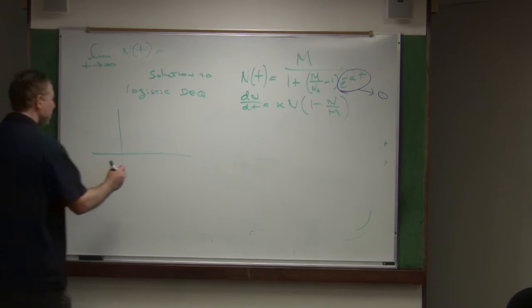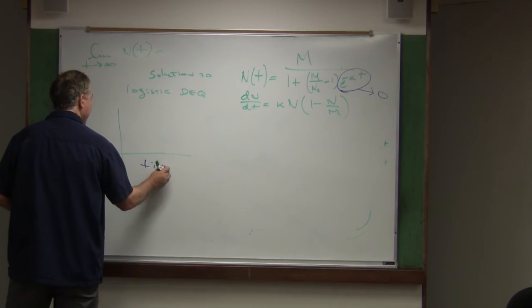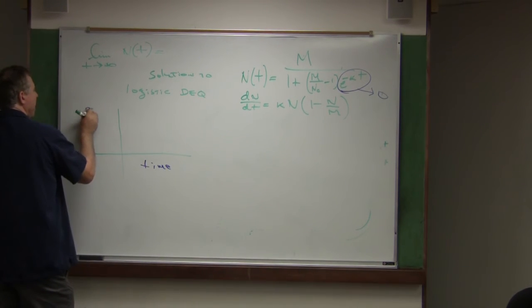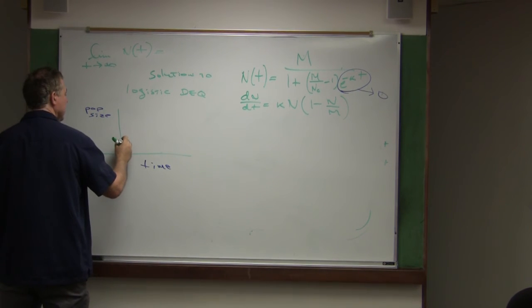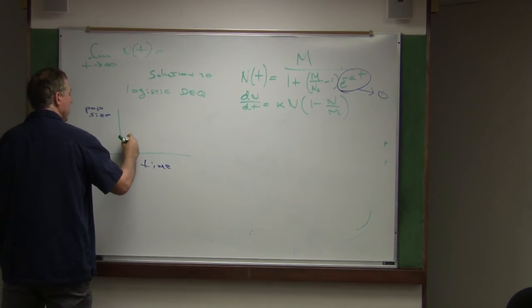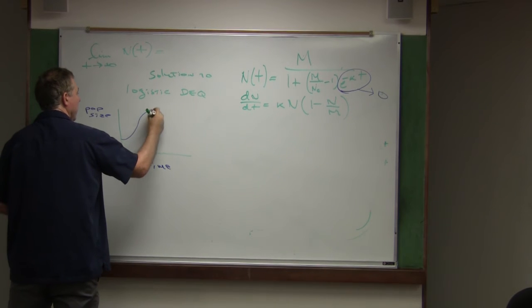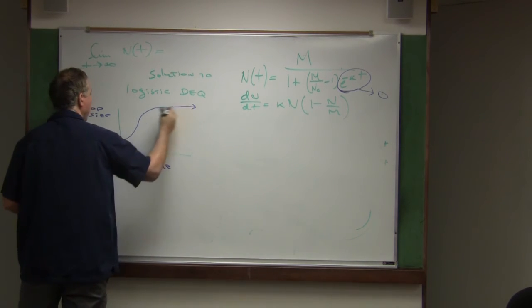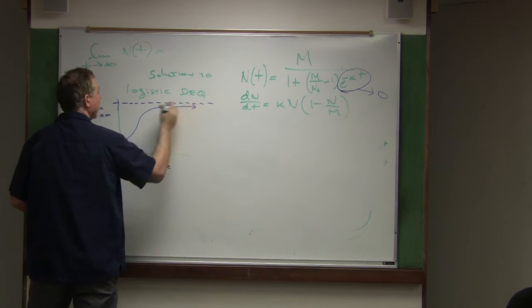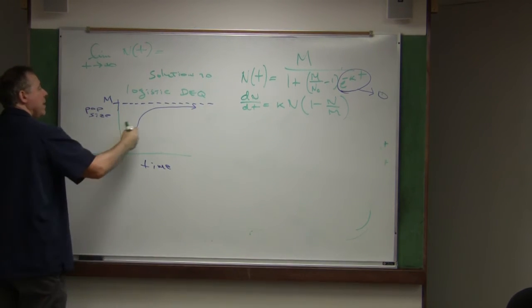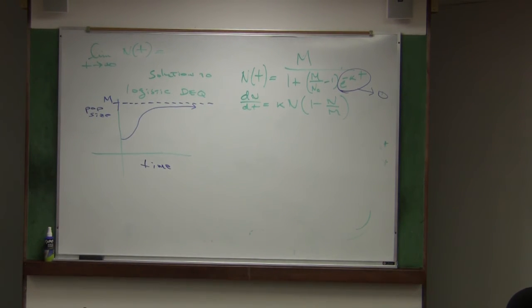So if you plot time and population size here, you'll start somewhere at N0, and it will grow up rapidly, but then it will start to approach this horizontal asymptote, which is at the carrying capacity M. That's what a function with logistic growth typically looks like.